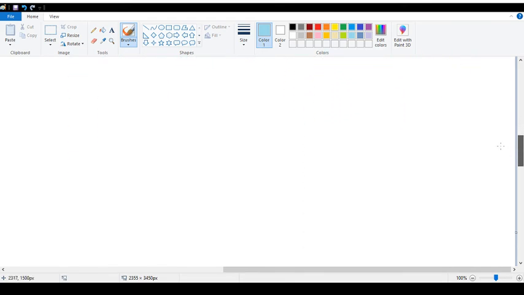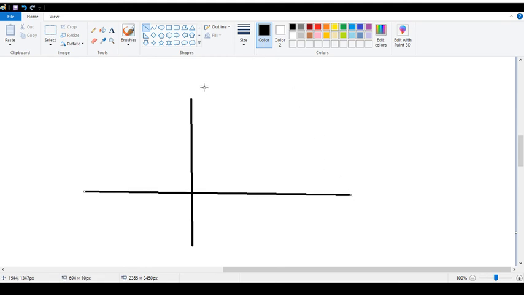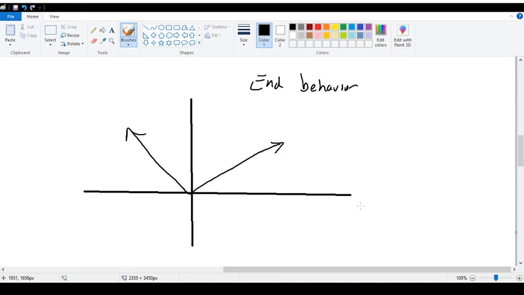All right, we're almost done with this section. There's one more item we have to look at. And these are called the end behavior. So let's say I have a graph that looks something like this. Just simple. So consider this graph. It has an arrow here, an arrow here.